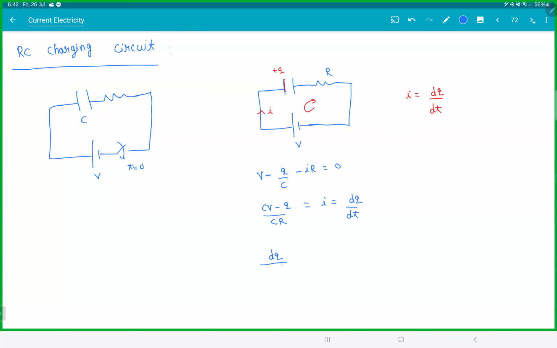So this will be dq by CV minus Q, dt by RC, integrated on both sides. Q initial is 0, to Q. That would be minus ln CV minus Q is T by RC. So substitute that, you end up with Q is equal to CV into 1 minus e power minus T by RC.